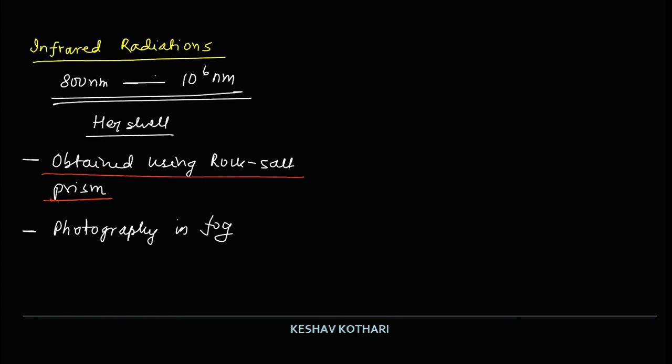The next we discuss is microwaves. They range in wavelength from 10 to the power 7 angstrom to 10 to the power 11 angstrom. This is the range of microwaves.